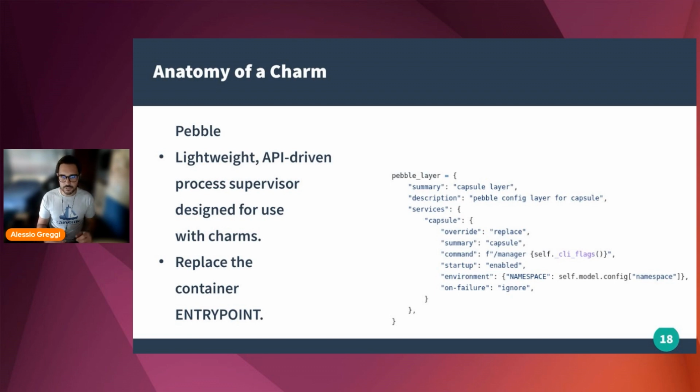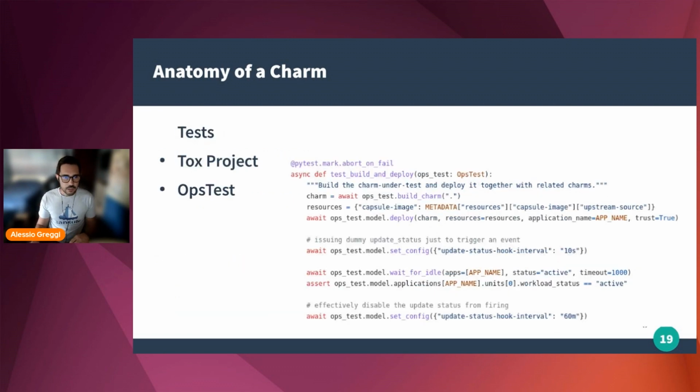We are informing Pebble about the startup behavior that we wanted to have, so it is enabled. And we are also passing some environment variable in order to run Capsule properly. In the end, we also set the on failure configuration with the ignore value.